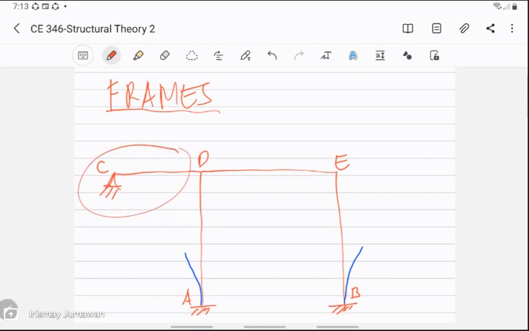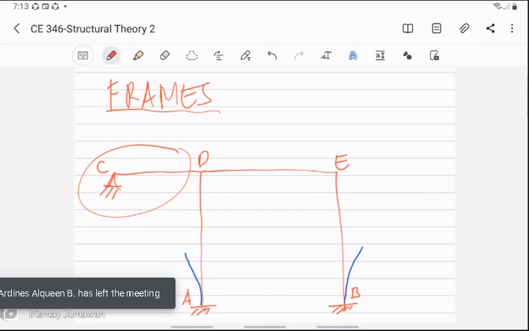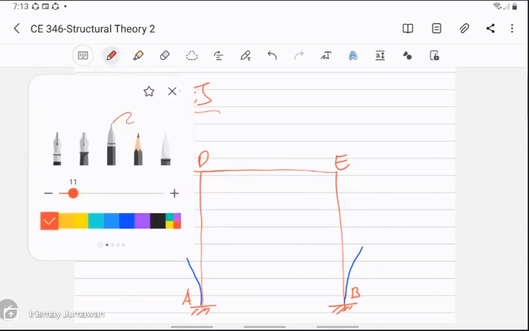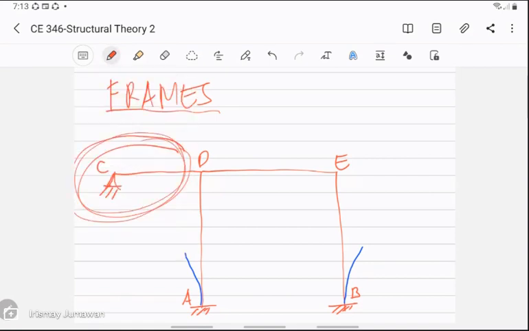Joint D can rotate, but it cannot translate because the member at C is connected to your C. So this makes joint D unable to translate. The same goes for joint E: there is a rotation at E, but it cannot translate because it is connected to joint D.